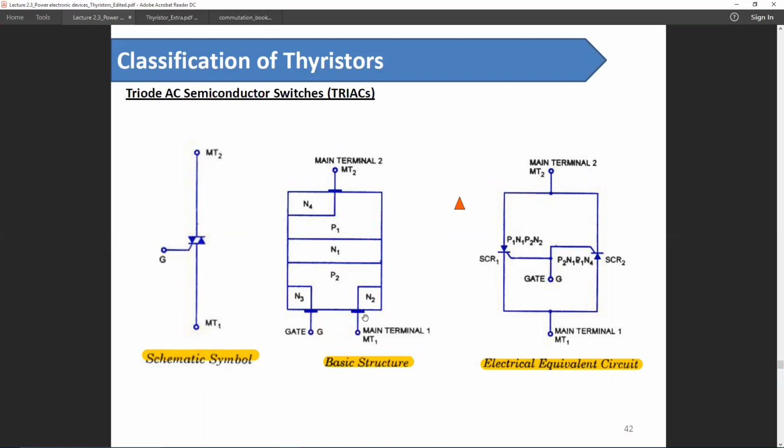Note that these terminals are not connected to a single material. For example, this terminal 1 is connected to both N2 and P2 material. The same goes for all of these terminals. So this has some significance.